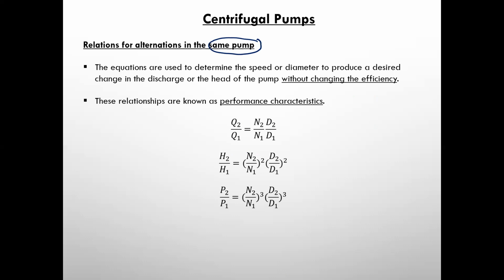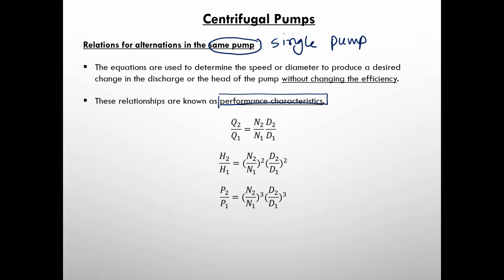If we change the rotational speed, how that will change the head, or if we change the diameter, how that will change the power. So within one single pump, we are changing these, and we will check what is the effect of change on discharge, head and power, and these relationships are known as performance characteristics.